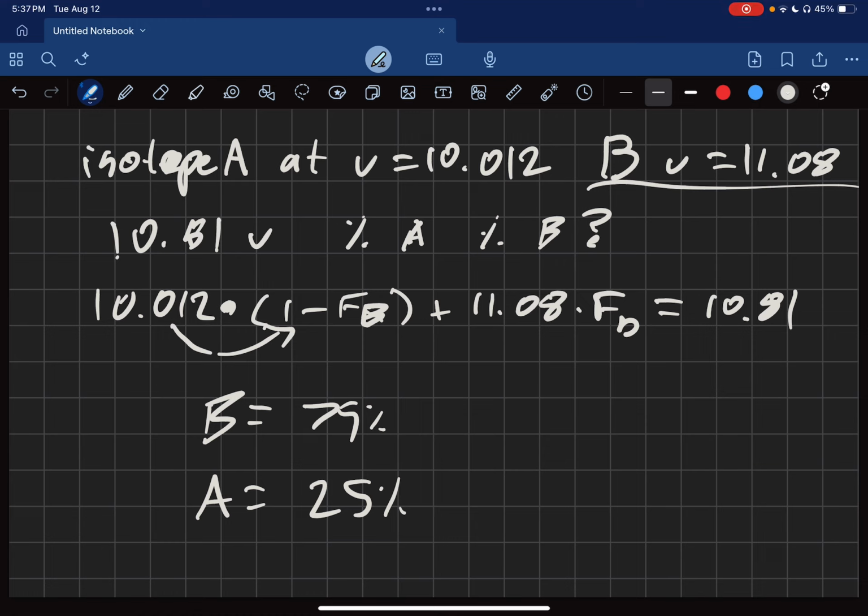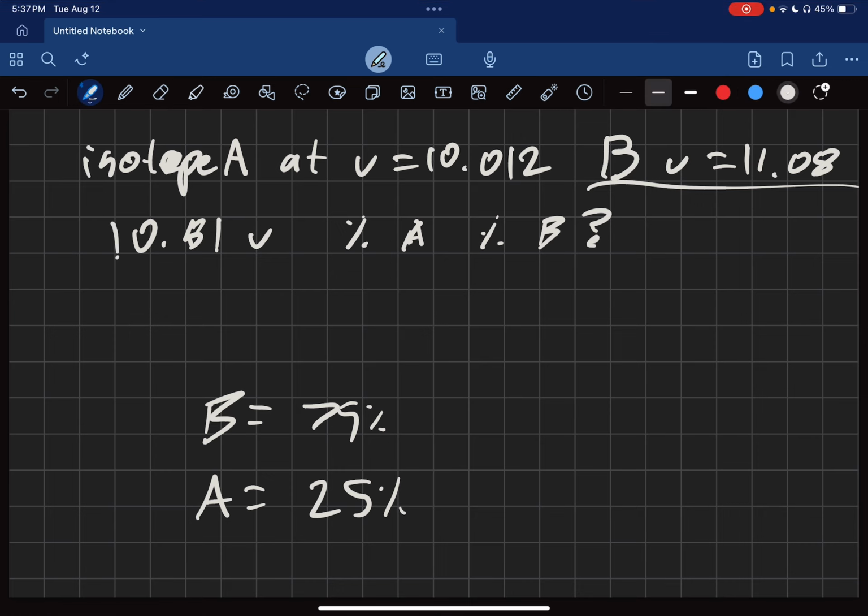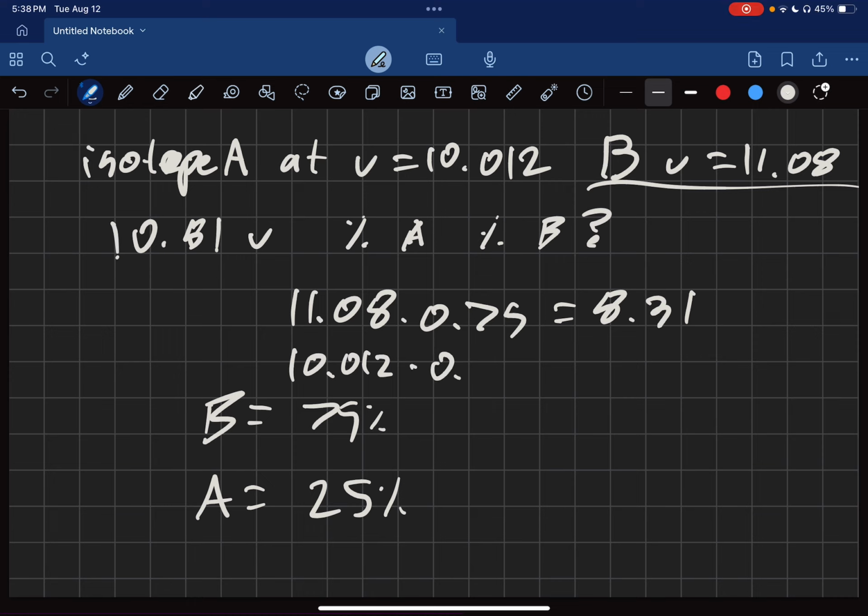So let's do 11.08 times 0.75, and that will give us 8.31. And then let's do 10.012 times 0.25, and that'll give us 2.503.